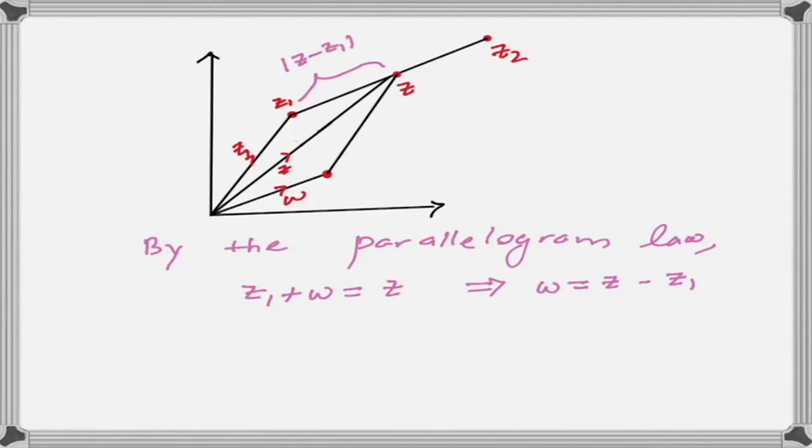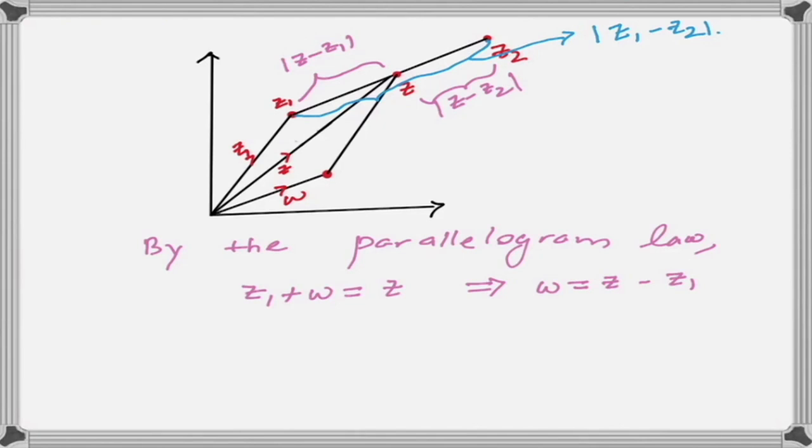Whereas the absolute value of the complex number z minus z2 is nothing but the length of the line segment joining z and z2. Similarly, the absolute value of z1 minus z2 is nothing but the length of the segment joining z1 and z2.